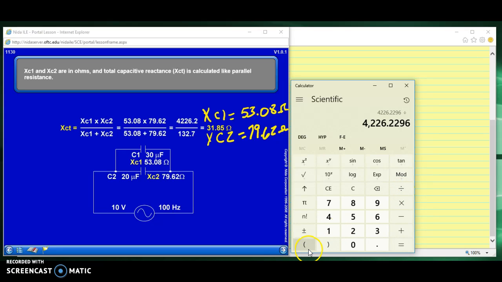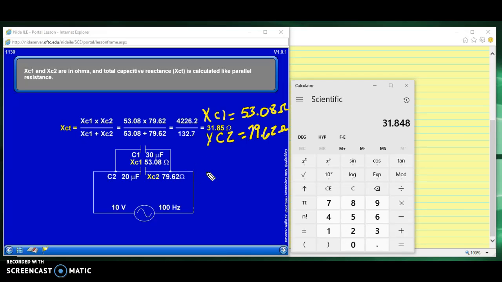Then I'm going to say divided by, and I'm going to open a parenthesis. That way whatever I put in here will get performed and added together prior to doing the division. So let's do 53.08 plus 79.62, close parenthesis, equals 31.85 if we round.